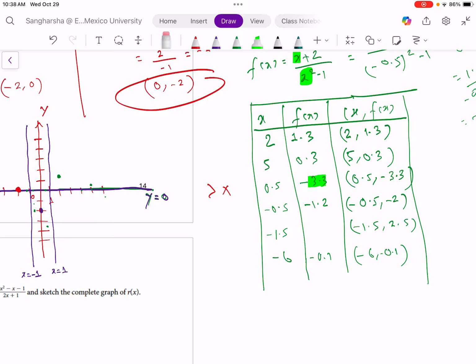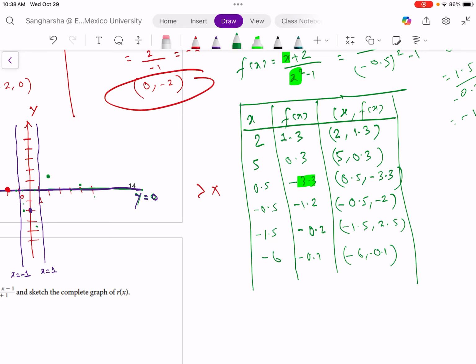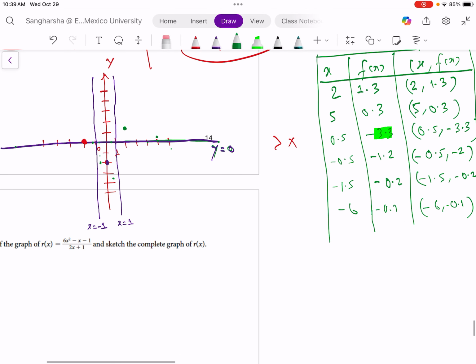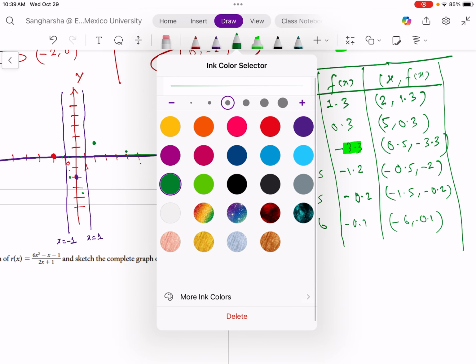So how much did you say? Negative 0.15. So let's take like a 2. Okay, and we can always use our graphing calculator to double check the graph. Okay, let's plot these points.